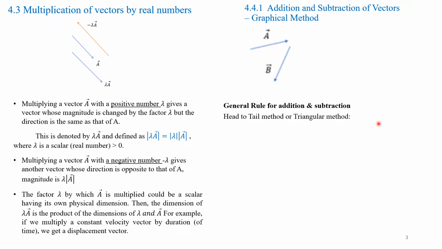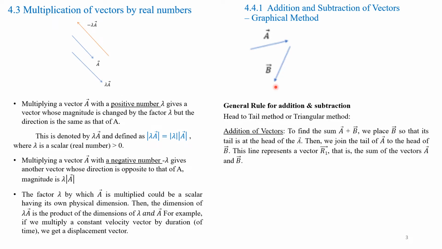Please see the figure. The vector A has a head marked with an arrow direction. This is the head, and the tail without any arrow is the tail. Similarly, for vector B, this is the tail end and this is the head where the arrow mark is there.